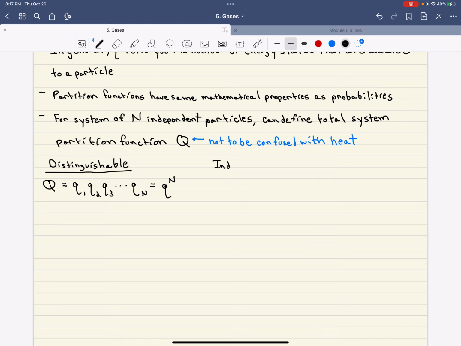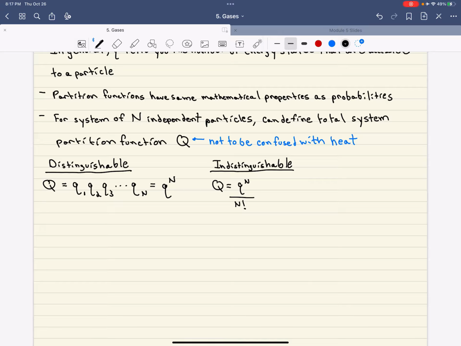For the indistinguishable case, where particle 1 is the same as particle 2, and so on, to avoid overcounting we take our q raised to the n and divide it by the factorial of the number of particles we have.